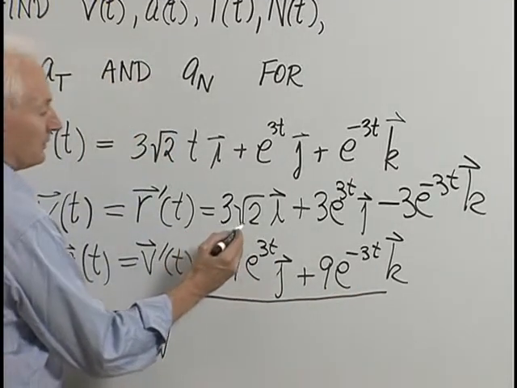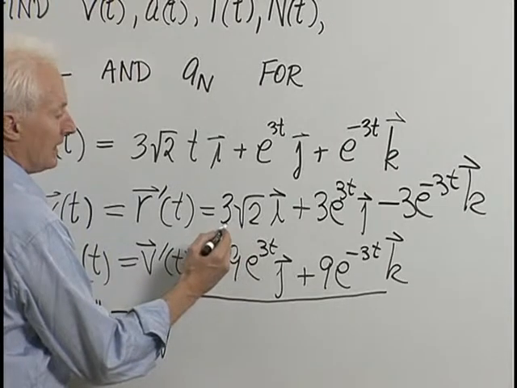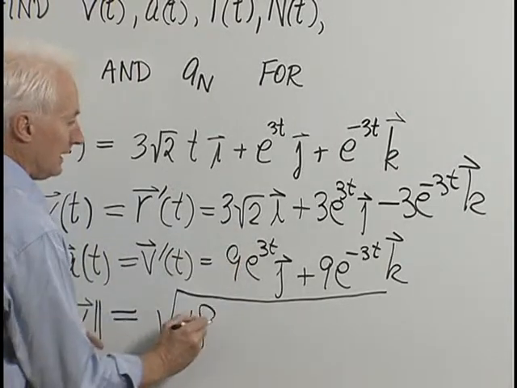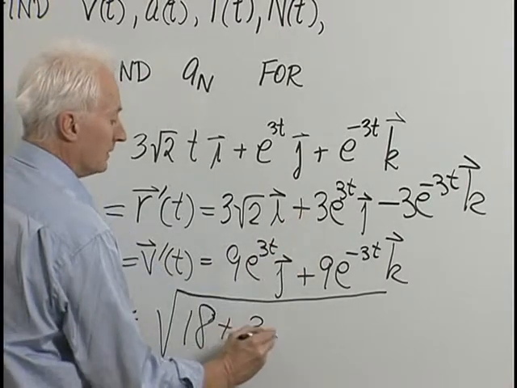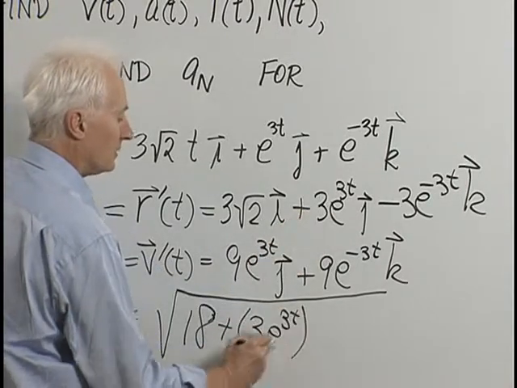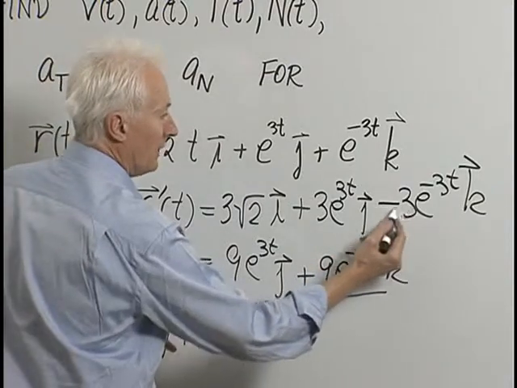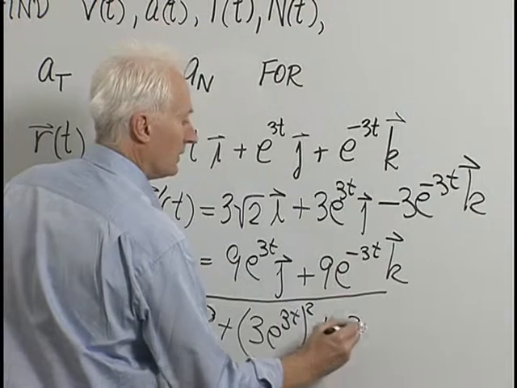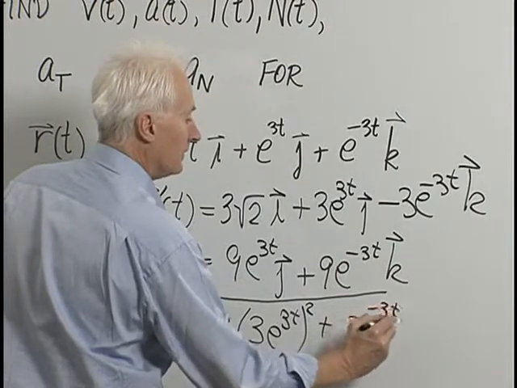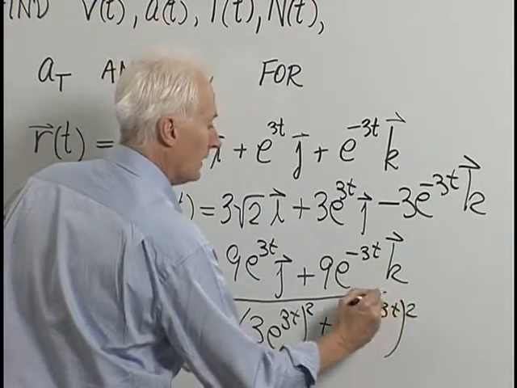So when I square 3 root 2, I get 9 times 2, or 18, plus 3e to the 3t quantity squared. And when I square that one, of course, that negative sign is obliterated, and that becomes 3e to the negative 3t quantity squared.